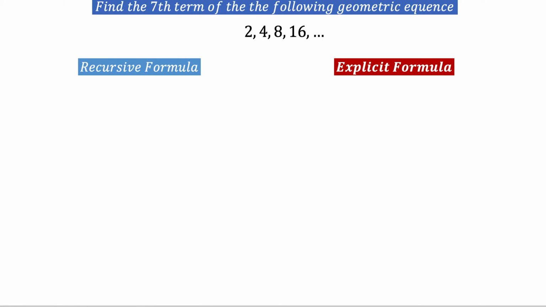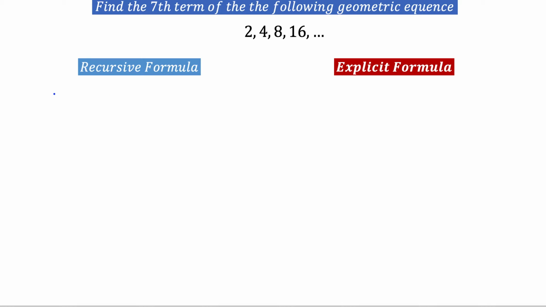First, let's use the recursive formula. Here a_1 is 2, but we need to find the seventh term. Every time, to find another term, we have to use the previous term. For example, we cannot find the seventh term right away, but first we have to find the fifth term.